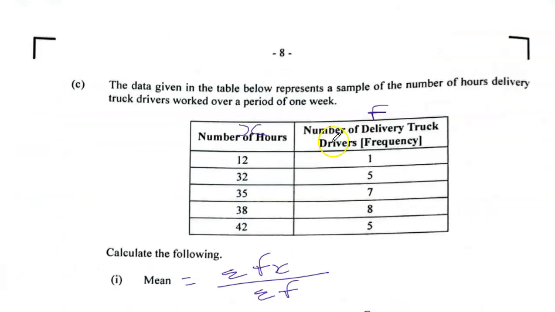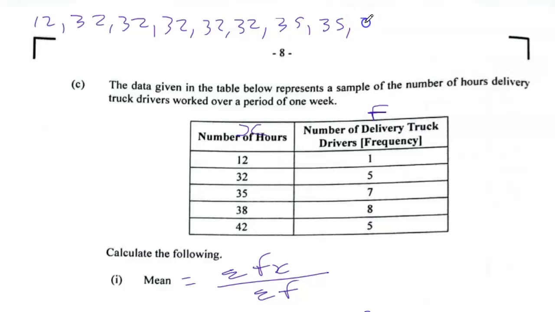Another thing I could have done is actually write it out. So 12 occurred 1 time. 32, a frequency of 5 times. So 32, you write 32 5 times. 35 occurs 7 times. So 35 7 times. And you'll recognize that 35 is the 13th value.